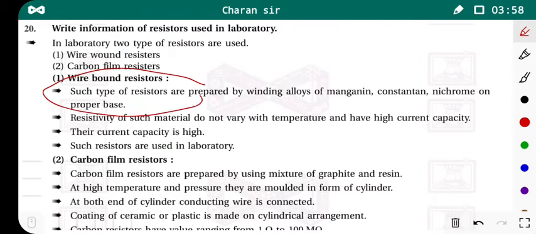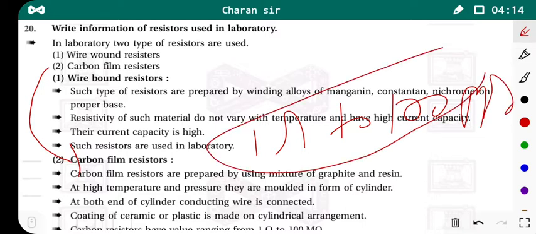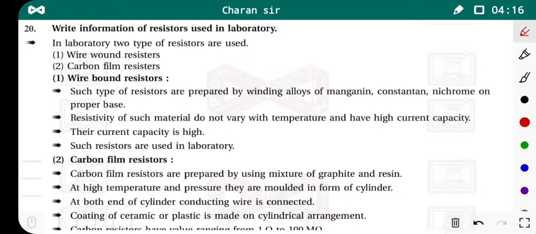At that time we use the second one, the carbon film resistors. These resistors have a resistance value from 1 ohm to 100 mega ohms. This is a very large value. So when we need a higher value of resistance, we use carbon film resistors.